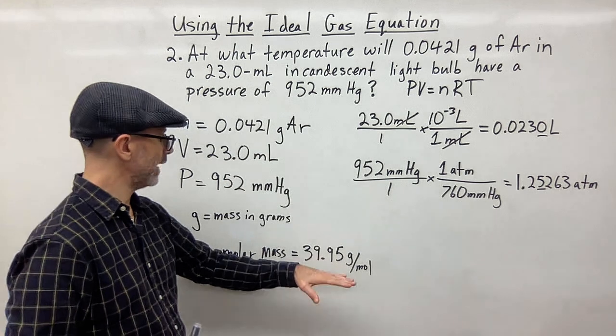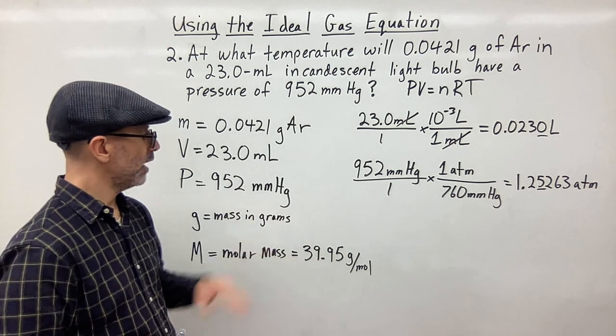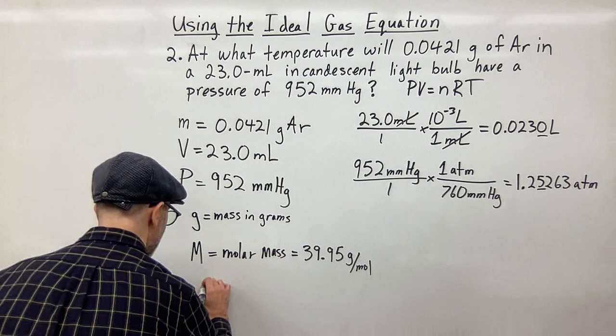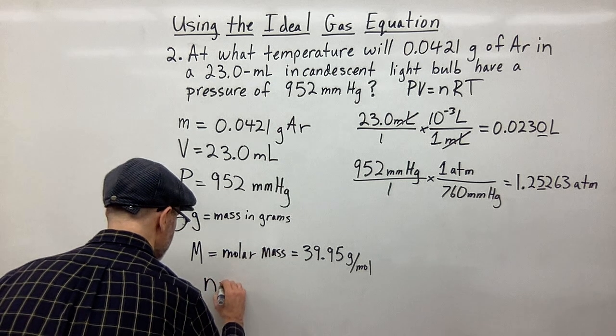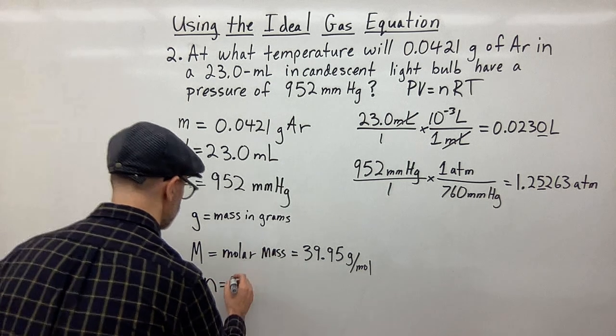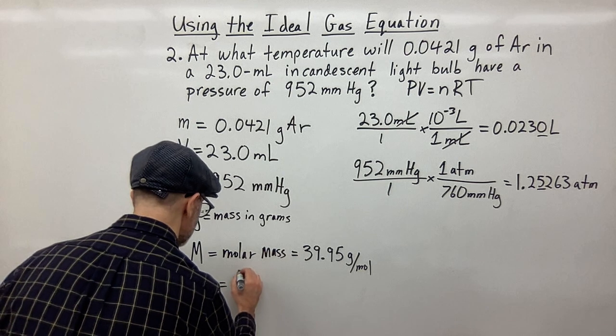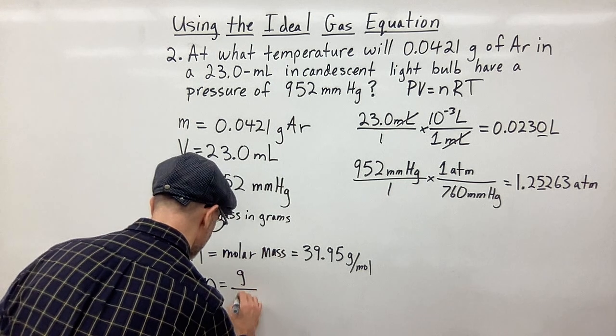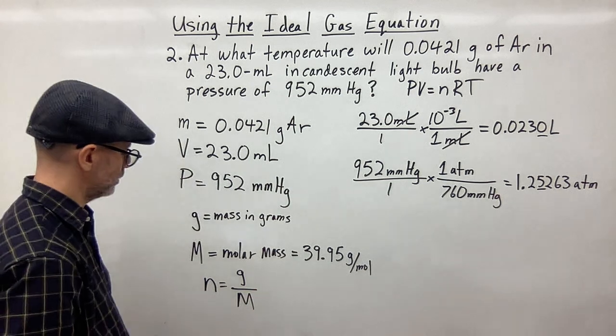If we have these two, then if we remember the relationship between this and moles, N, the number of moles, is equal to the mass in grams divided by the molar mass.